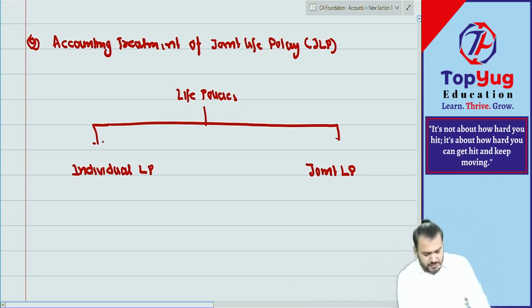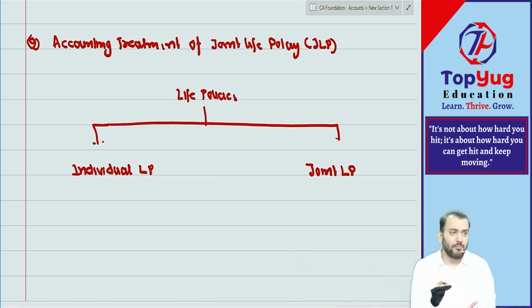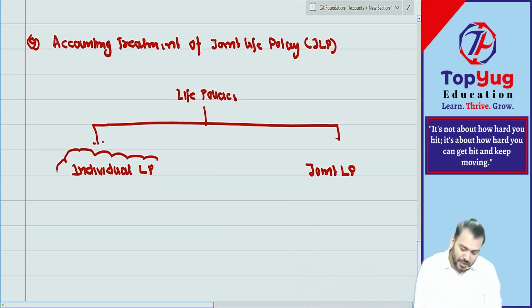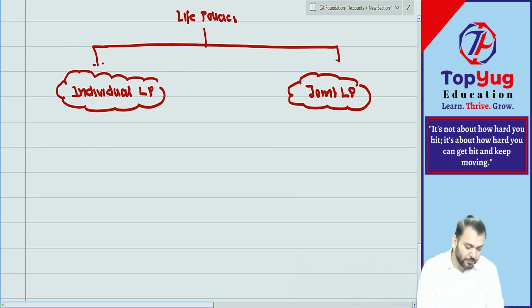It is up to the partnership firm whether they want to take life policies on the life of each partner separately or jointly. So this is separately and this is jointly. Both can be taken.